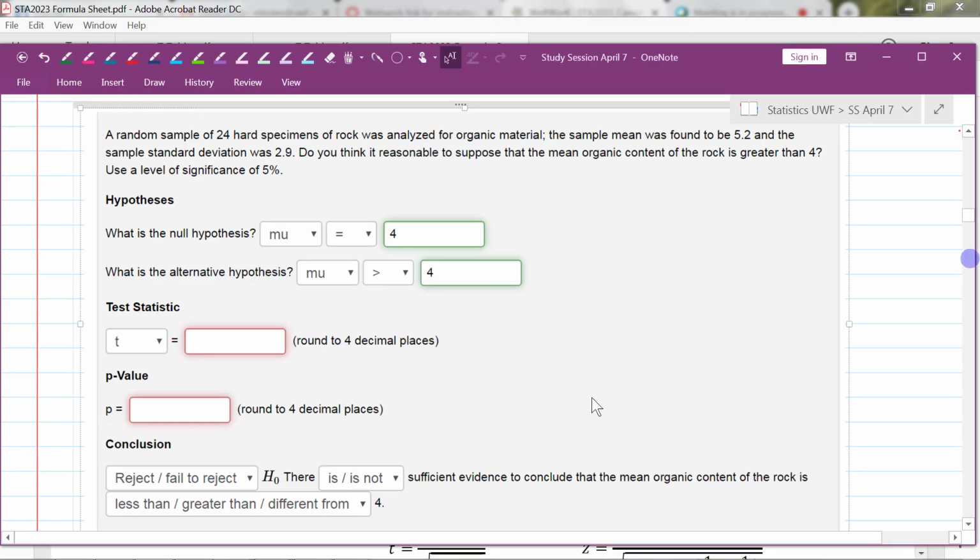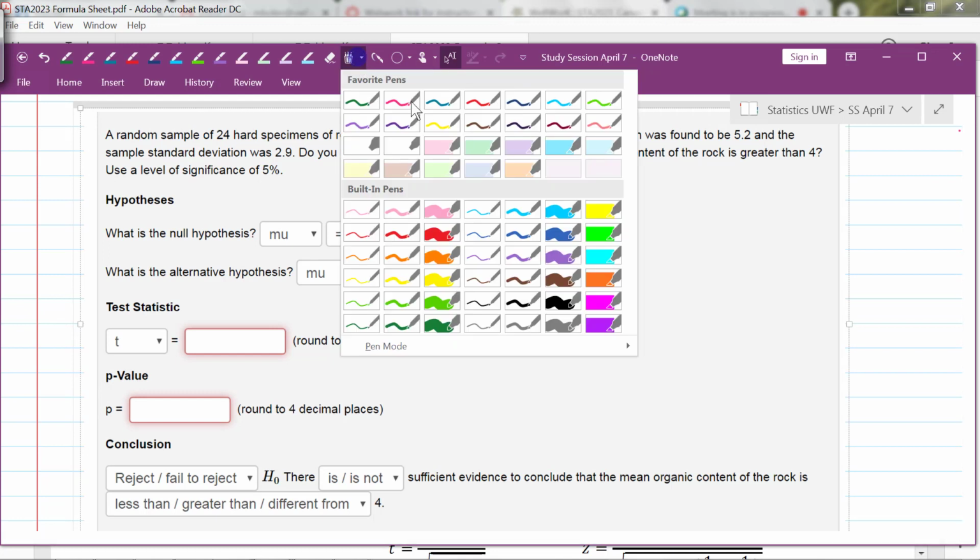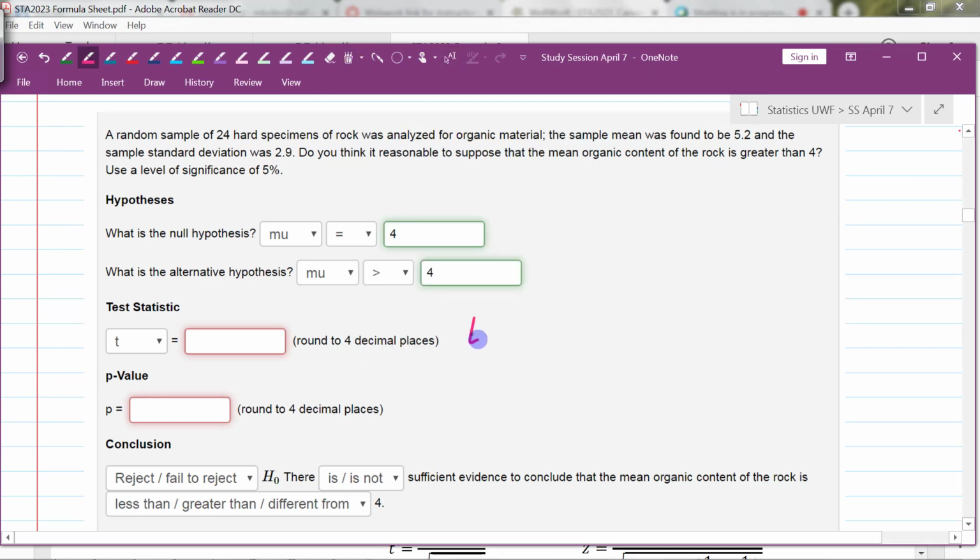So we're going to know that T is equal to (x bar minus mu) divided by (S divided by the square root of n), with parentheses around that and around that. Our x bar, so let's see here, 24 samples were analyzed, so n is 24.